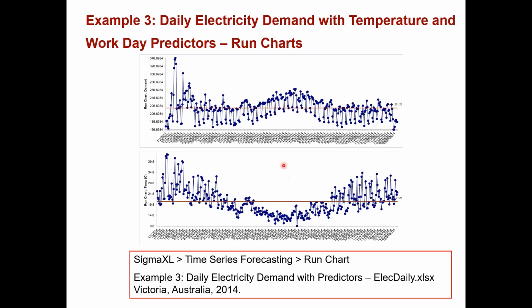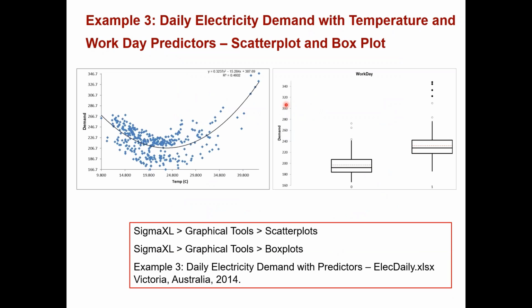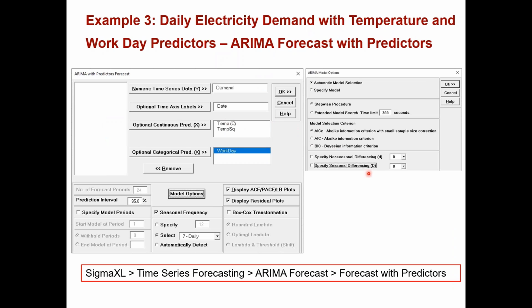When the temperature is low, the demand is high. So you have very much a summer-winter effect. And if you look at demand versus temperature, you can see a nice quadratic curve. And so that's why in the model, we're going to include both temperature and temperature squared. So that's what we'll do now.